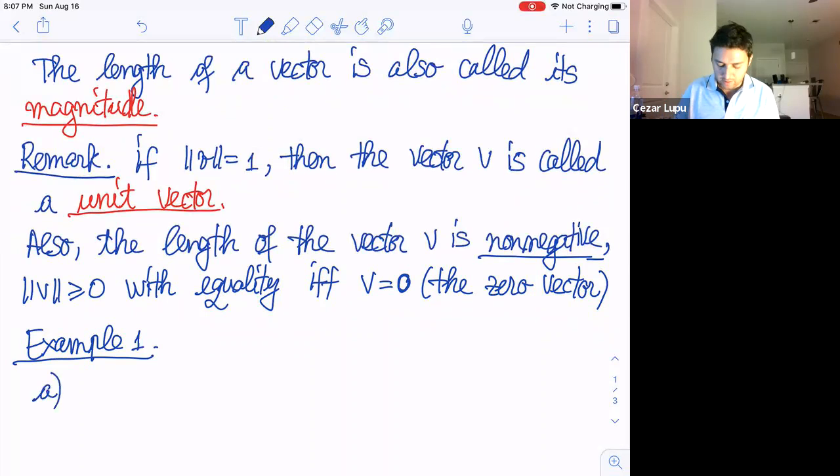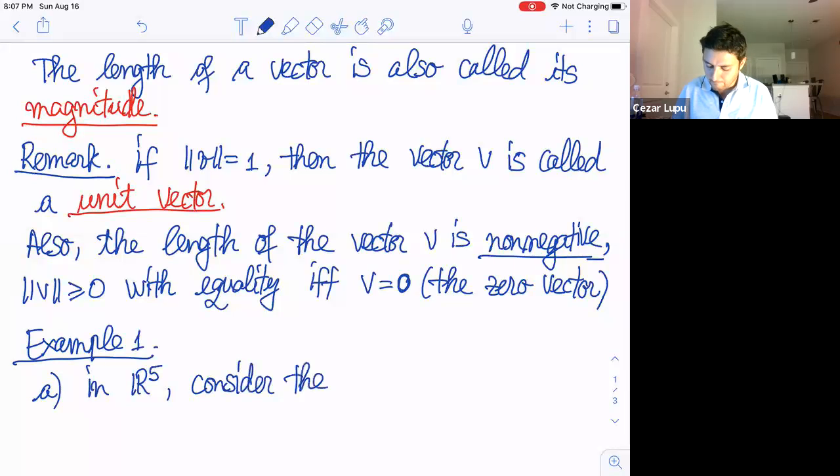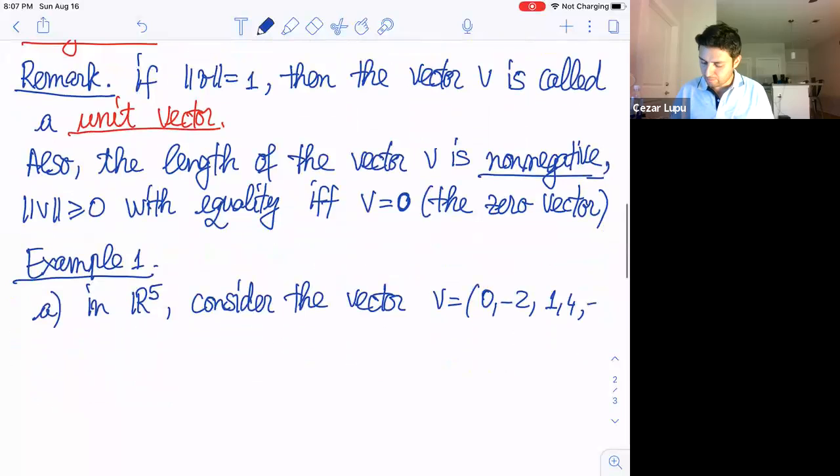The first one, let's consider in R5 the vector v equal to (0, -2, 1, 4, -2). As you can see, it has 5 components.